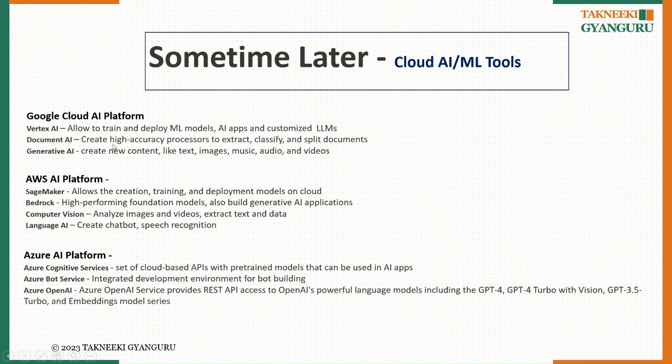Document AI is a process to extract, classify, and split documents. So suppose we want to extract data from a PDF or Word document, right? We can fetch the data from the document, or handwriting, right? Somebody has written in his notebook, and he wants to convert it into text. It may not be 100% correct.